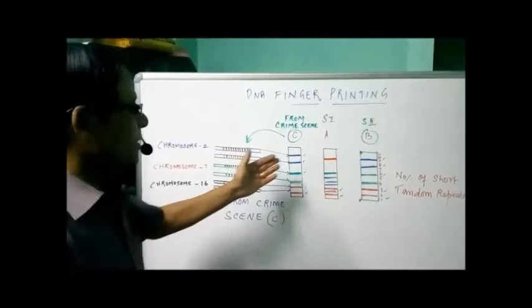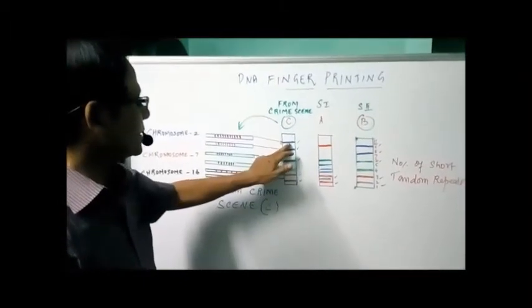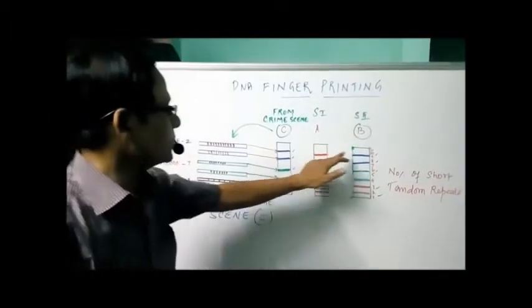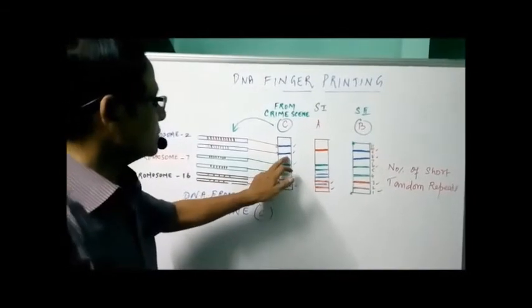This is suspect 2, that is S2, and S1. If you compare the banding patterns, you see the banding pattern in C and B is the same. Here also the same.